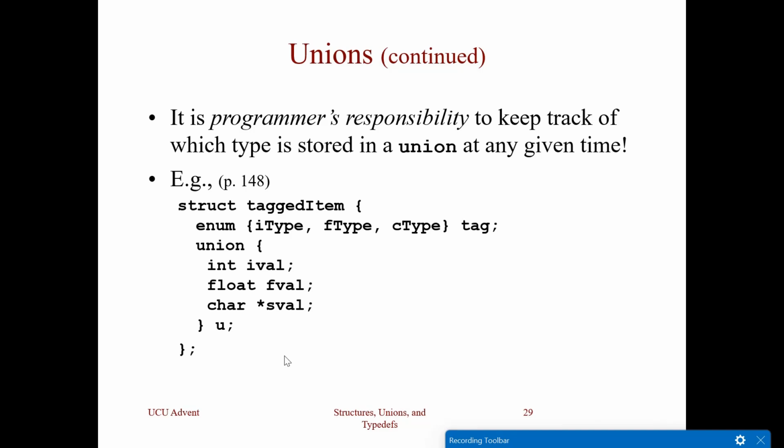It is the programmer's responsibility to keep track of which type is stored in a union at any given time. So please make sure that you read about unions as well in those chapters I've told you: chapter 10 in Deitel and Deitel, and chapter 6 in Kernighan and Ritchie.